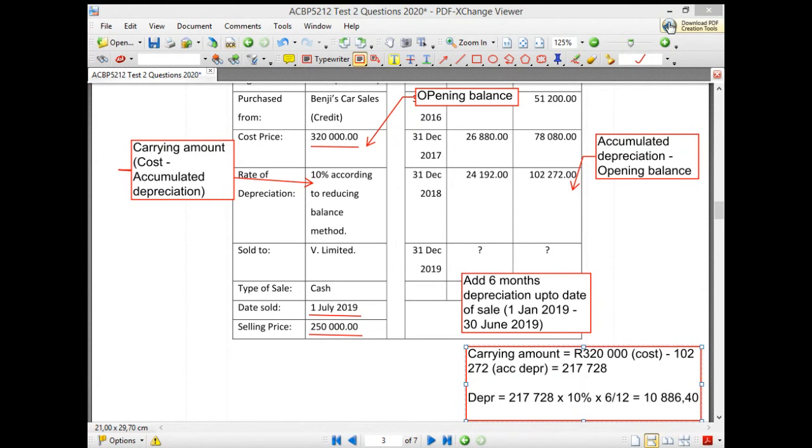So the carrying amount was 206,000. Now, if I compare that to the 250, I would know that the 250 is actually more than the 206. So my profit, if I do the calculation separately, would be 43,000. Now, when I do this asset disposal account, I want to make sure I've actually documented correctly. I should get to exactly the same amount as the calculation I did on the side.